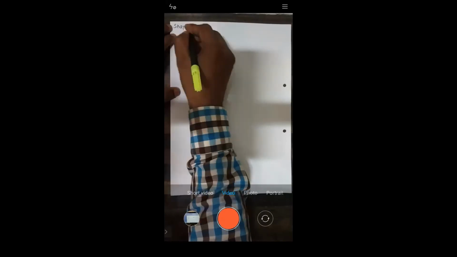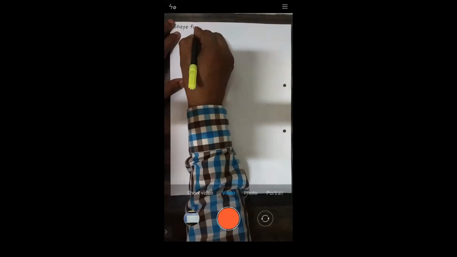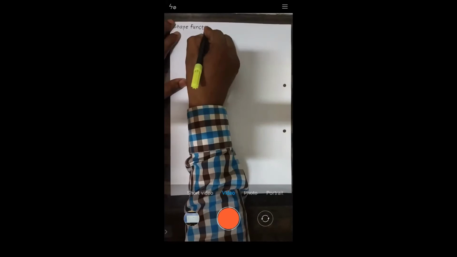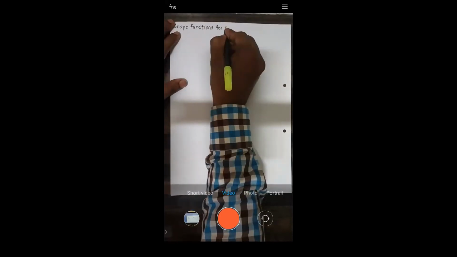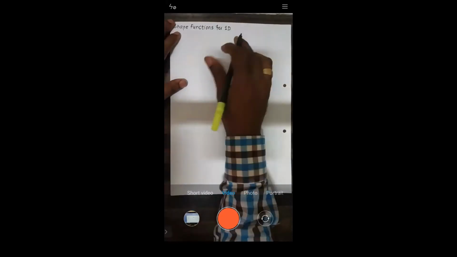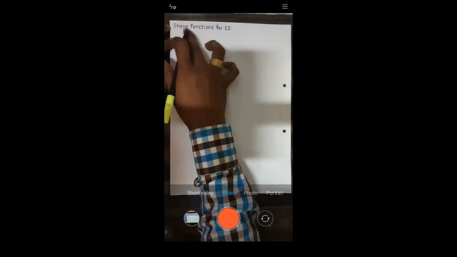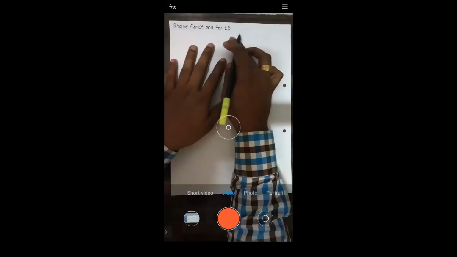Right. Now we will see the shape functions. Shape functions for 1D. Now for linear we have finished. Now we need to take it quadratic.